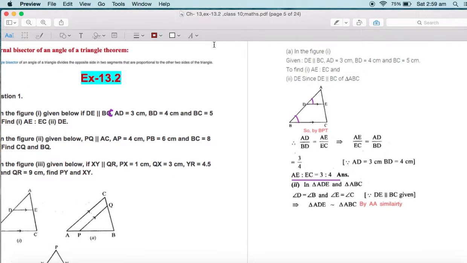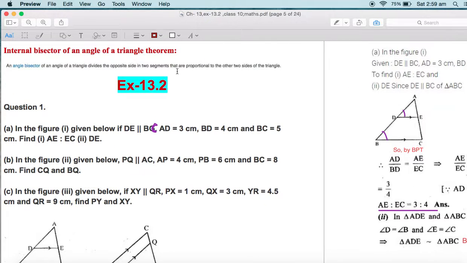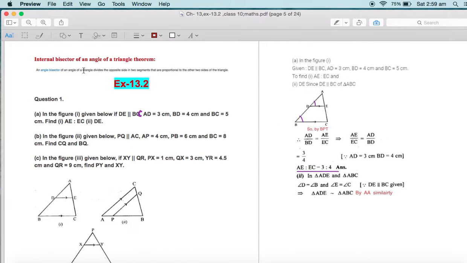Also, I talked to you regarding the internal bisector of an angle of a triangle theorem. If an internal bisector of an angle of a triangle divides the opposite side into two segments, they are proportional to the other two sides of the triangle, and the converse of this theorem is also true.